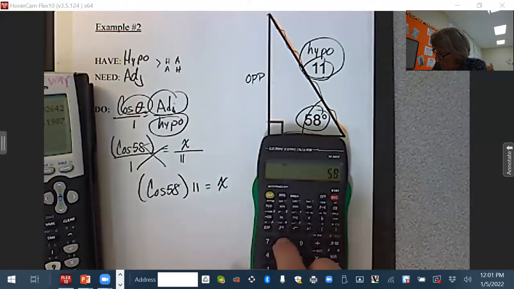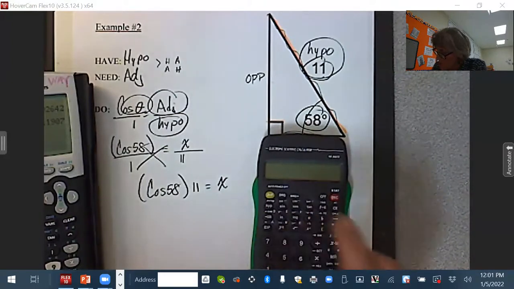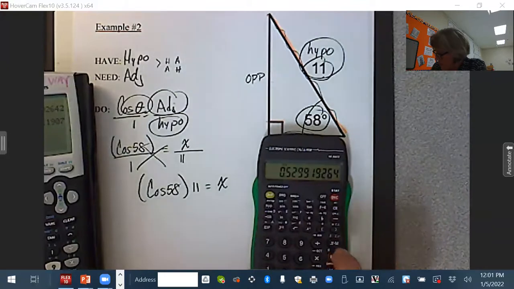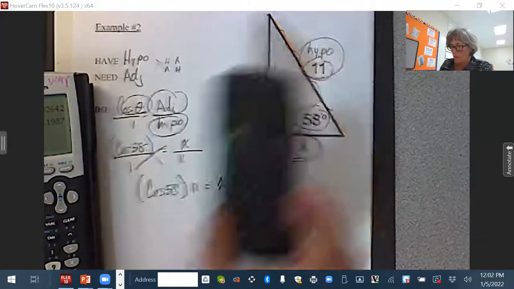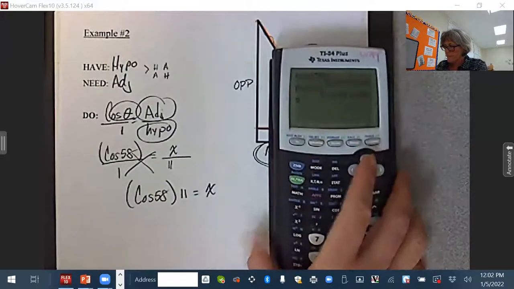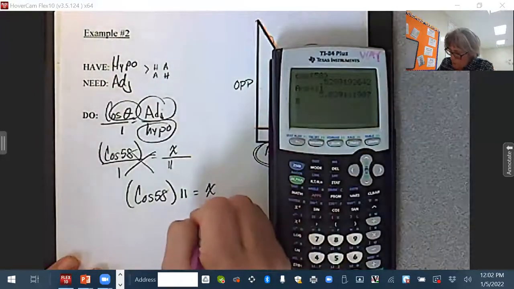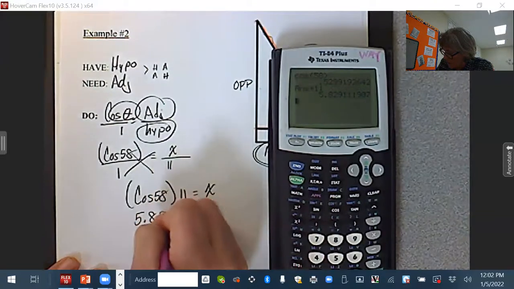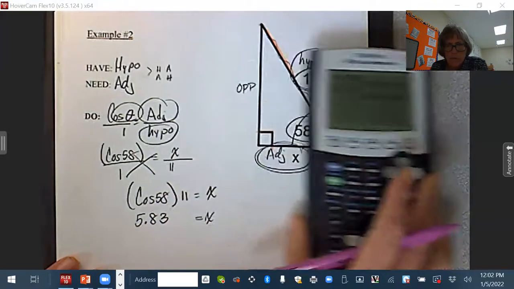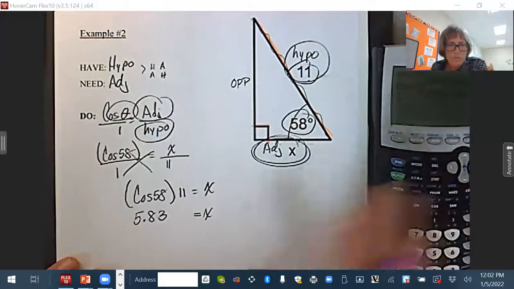Watch. 58 cosine times 11. Notice the same thing, 5.83. So our value of x is 5.83. And then whatever units we're dealing with, inches, meters, whatever it is.